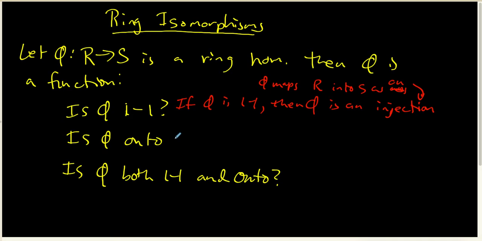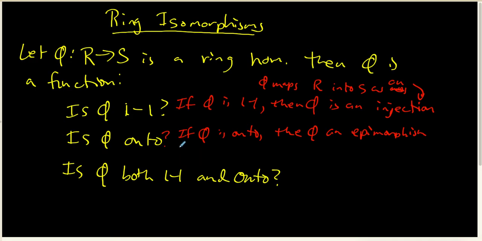When phi is onto, some people will refer to this as an epimorphism. I don't like that language, but you should be aware of it. So if phi is onto, then some people will call phi an epimorphism.